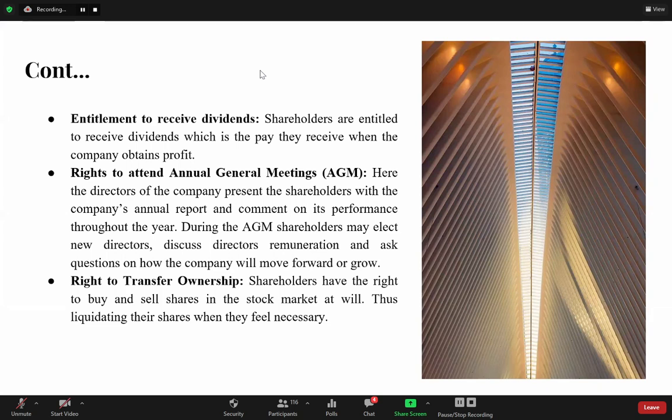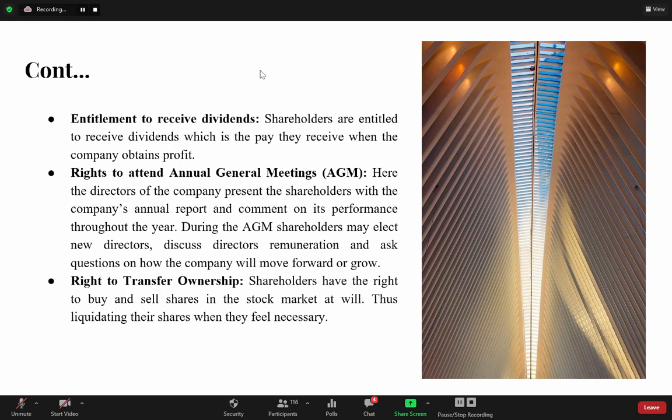They're called subscribers. When you apply for incorporation, remember there is the memorandum of association. There is a list there where the subscribers to the corporation are listed, with their corresponding number of shares at the beginning of the corporation as they apply for incorporation.